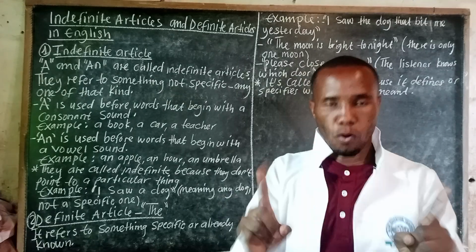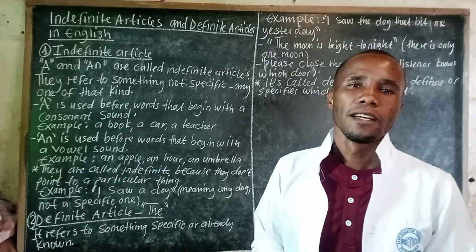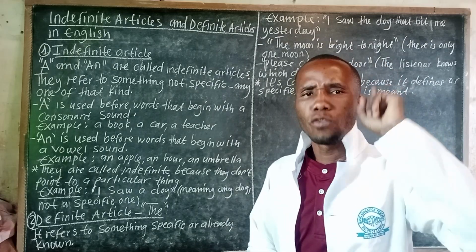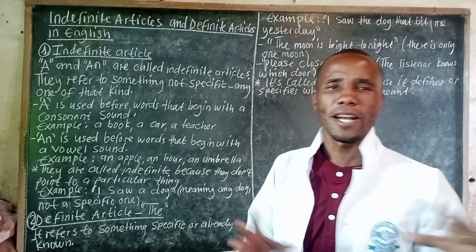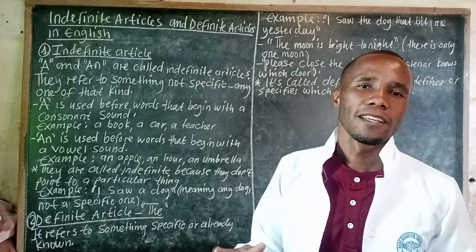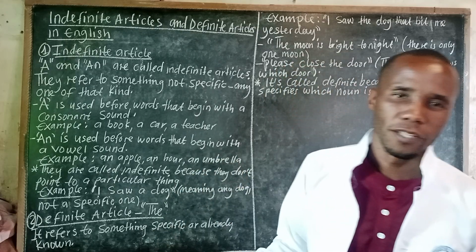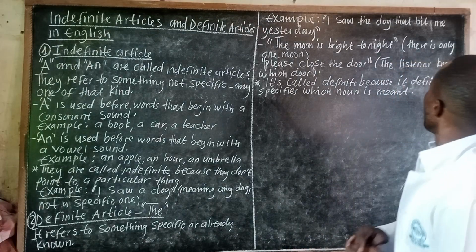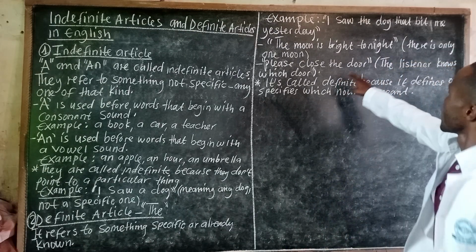That is wrong English. We know that there is only one sun. That is a specific thing. It is already known that there is only one sun. So you can't say I saw a sun. No, the sun. Moon also, the moon. Why? There's only one moon.